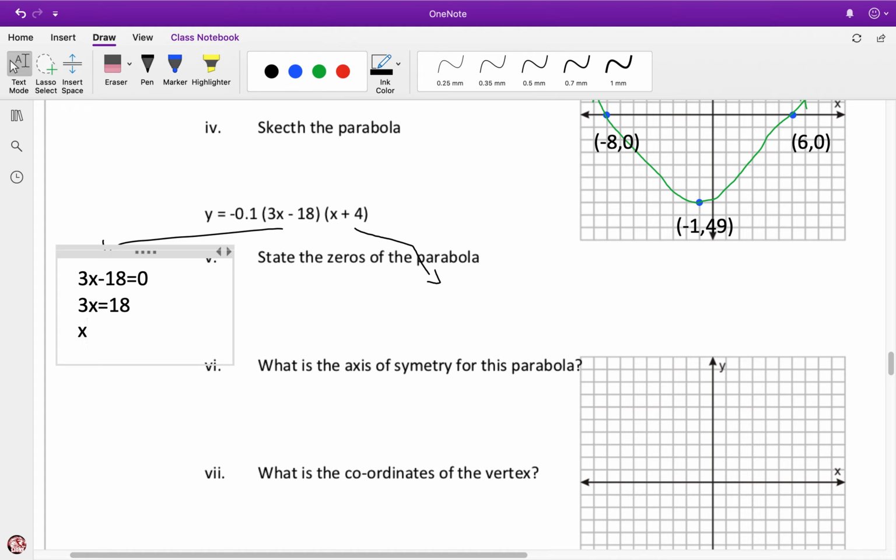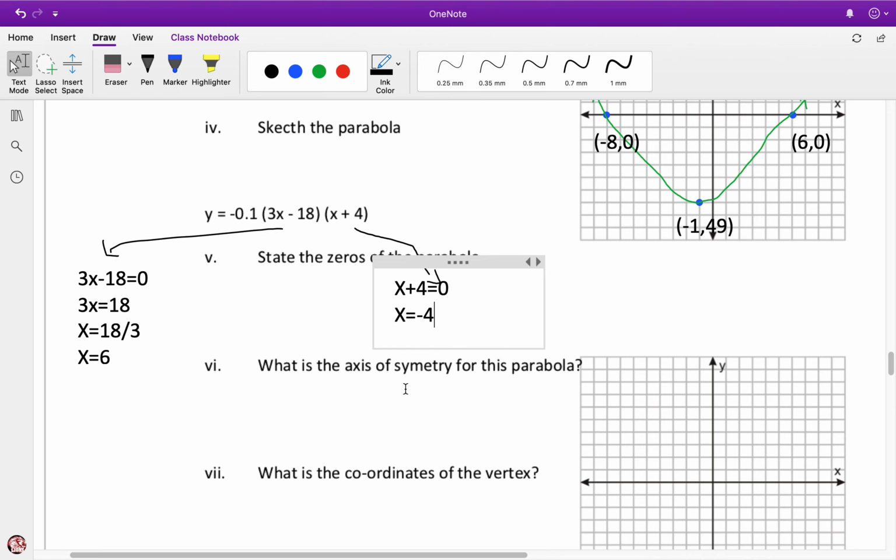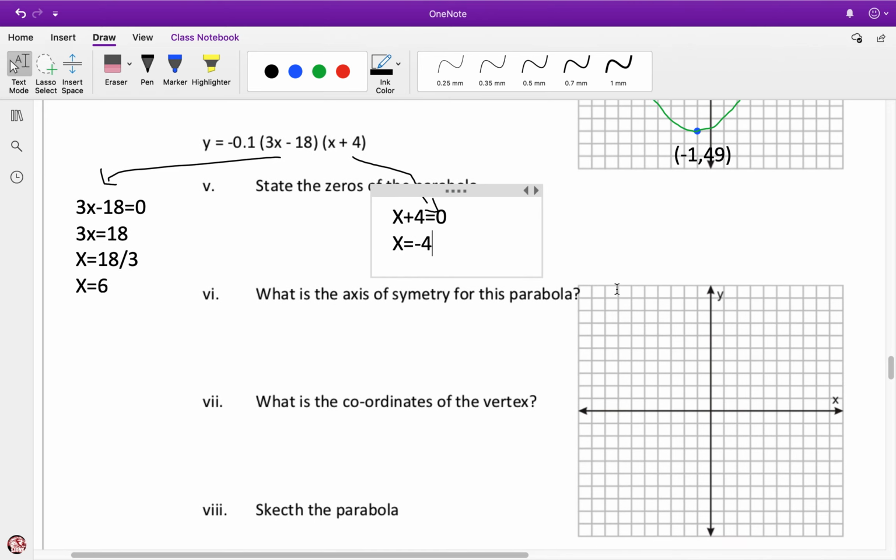Then we divide by our coefficient. x equals 6. But this one here is a lot easier because we're just flipping the number. When it crosses over, it becomes negative. So there are my numbers. Let's mark it: -4 and positive 6.